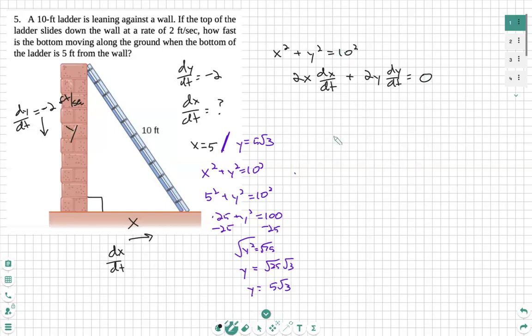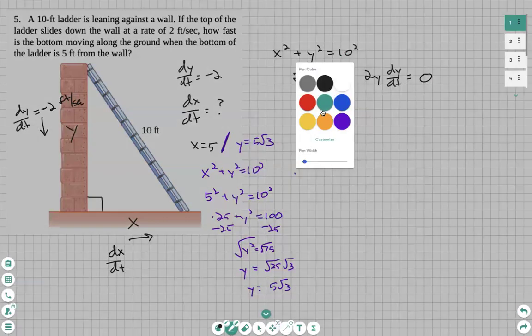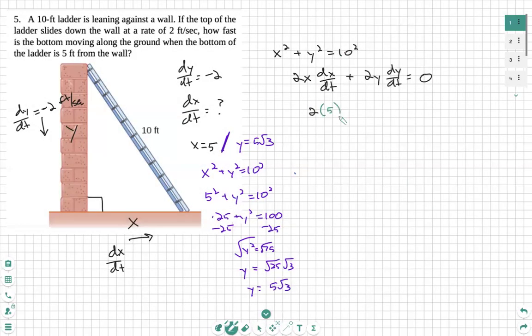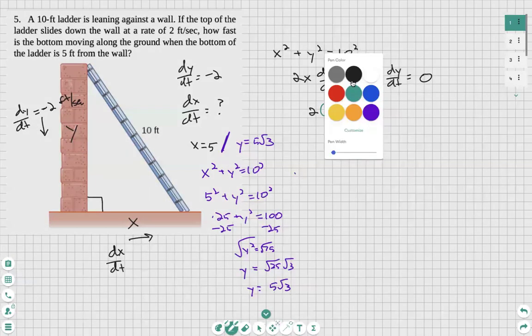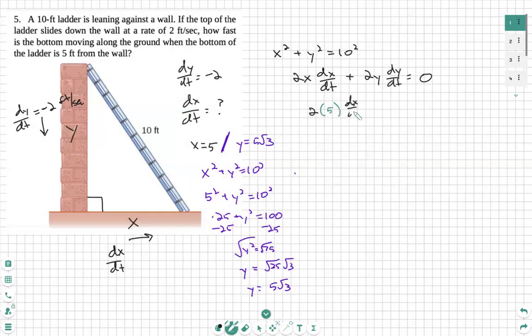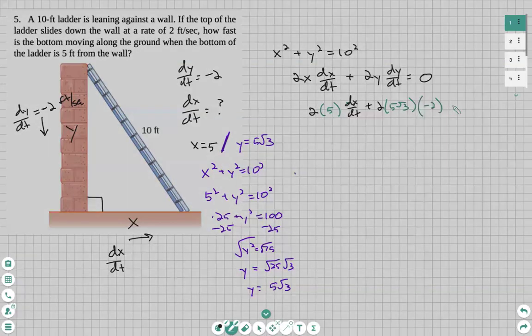Now we have enough information to solve for our dx/dt. We are going to slowly plug in all the values that we found. So 5 goes in for x. 5 root 3 goes in for y. And -2 goes in for dy/dt.